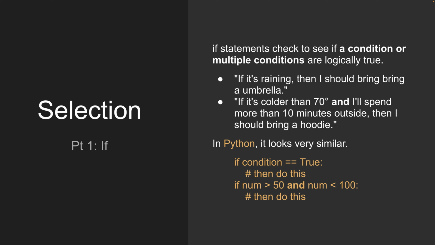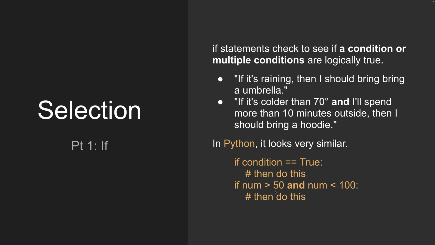So if it's true, do the thing. If it's not true, then continue on looking for the next true, or if that's the end of your code, that would be the end of your code. We'll talk in the next slide about how to do else, but you can get the idea here. If a condition is true, it then does this. You can see this right here.